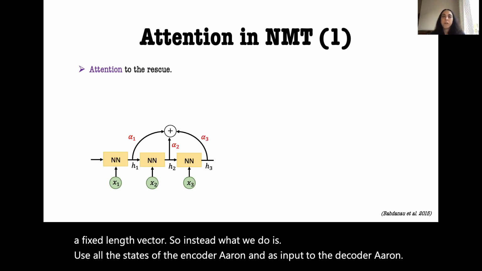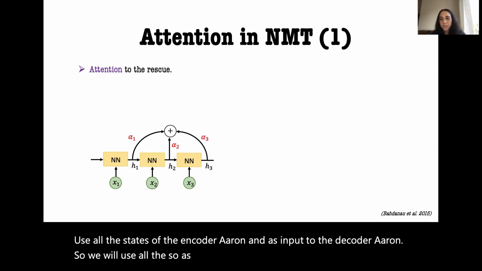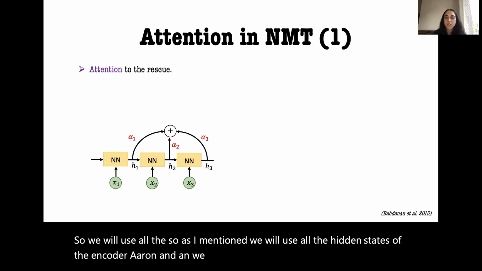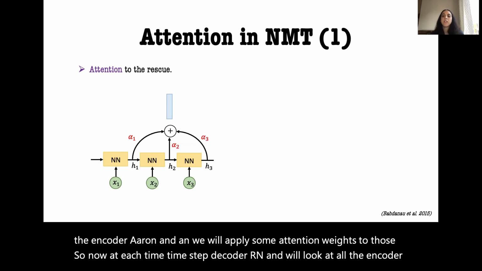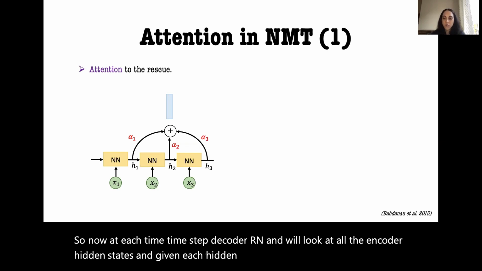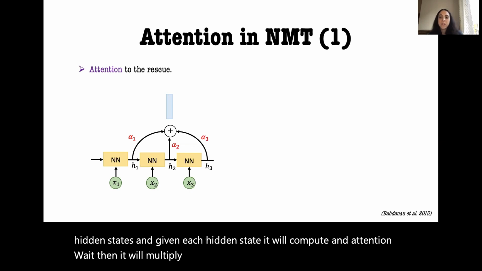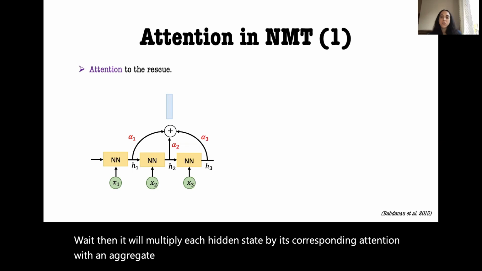As I mentioned, we will use all the hidden states of the encoder RNN, and we will apply some attention weights to those. So now at each time step, the decoder RNN will look at all the encoder hidden states. Given each hidden state, it will compute an attention weight. Then it will multiply each hidden state by its corresponding attention weight and aggregate all the resulting information to condition the prediction of the next word.